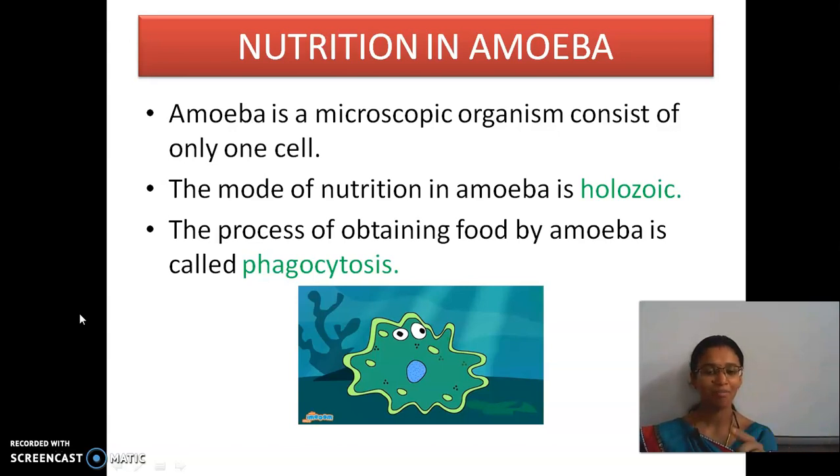So likewise, but in a single cell organism they have only one cell. That one cell is responsible for all the processes like ingestion, that is the process of digestion, respiration, reproduction. For everything, all the actions are controlled only by the one cell.